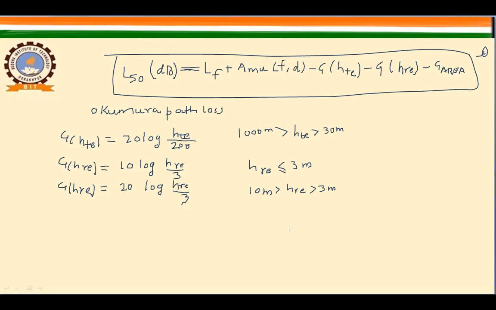And one disadvantage of the Okumura model is the slow response to rapid changes in terrain. Therefore, the model is good only in urban and suburban areas, but not as good in rural areas. So, let's see one problem on this topic.